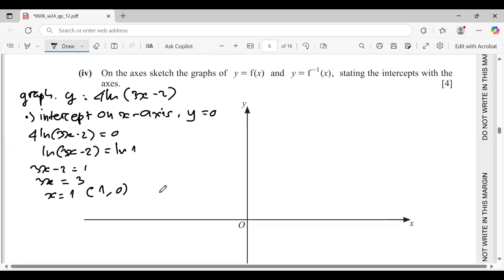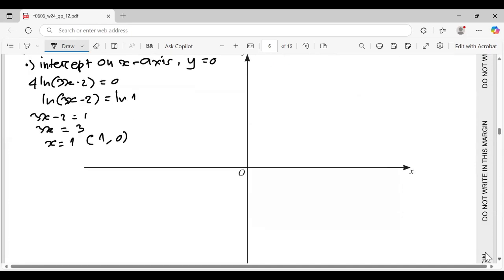After that, set x equals 0 for the y-intercept. Then y = 4 ln(3 times 0 minus 2). There is no result for this because the ln of a negative is undefined, so there is no y-intercept.